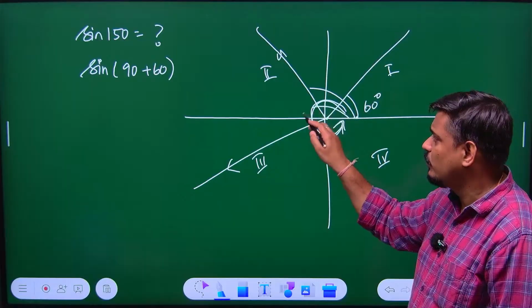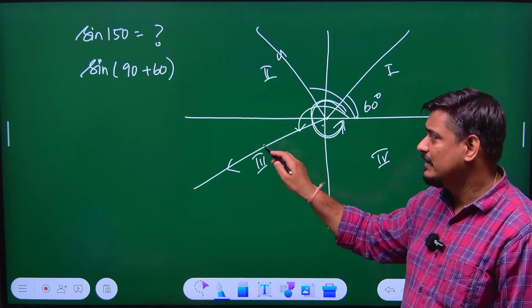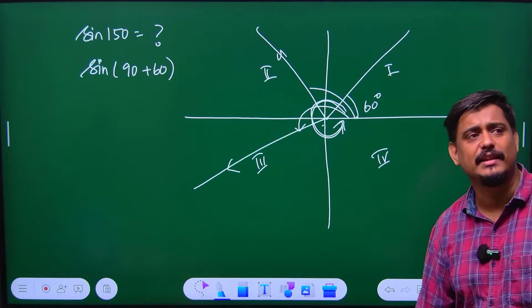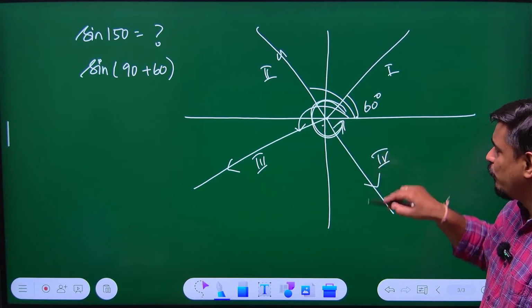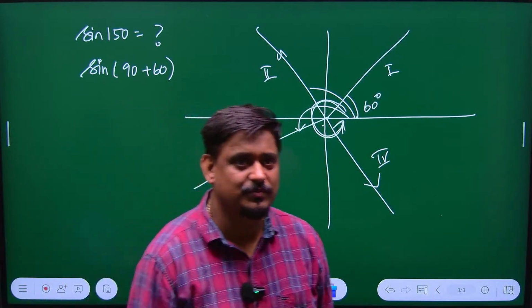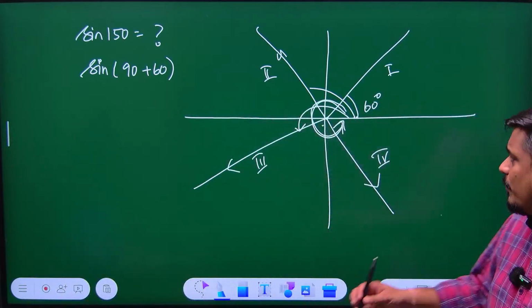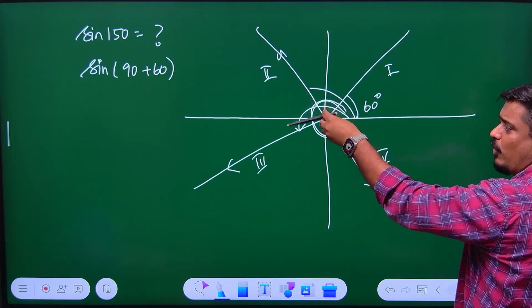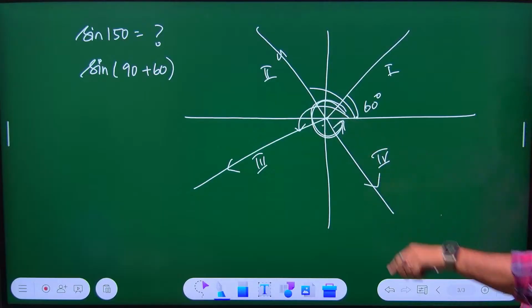From here we will go and draw 210. This is which quadrant? Third quadrant. If I say sine 300 degree, it will come in the fourth quadrant. Are you getting it, Sanjeevi? Yes, sir. So from here we start and we go in this anti-clockwise direction, as the angle goes.